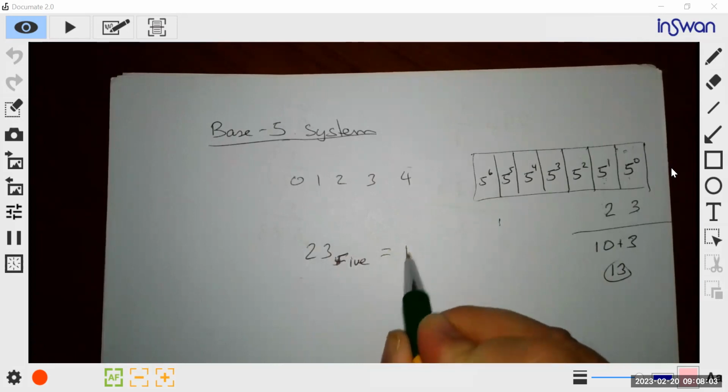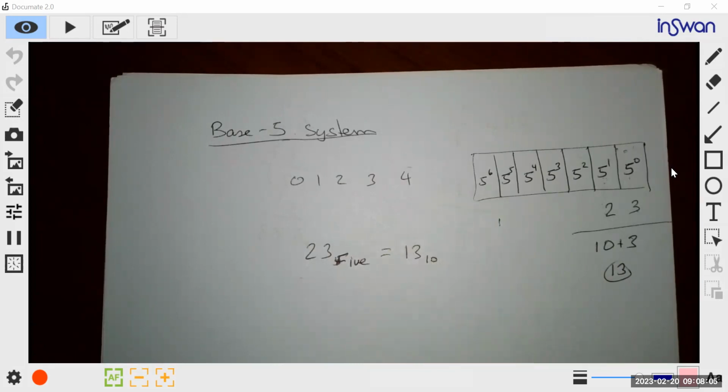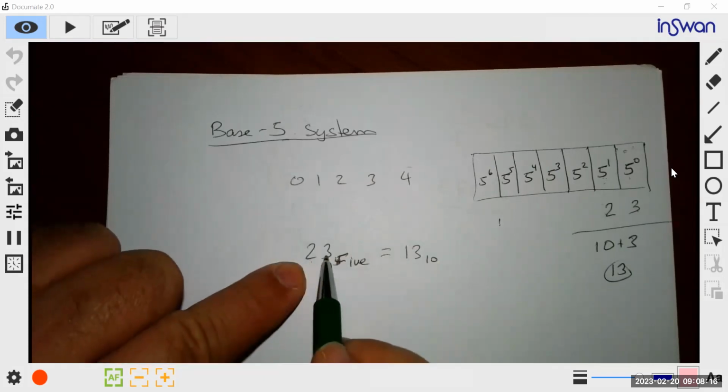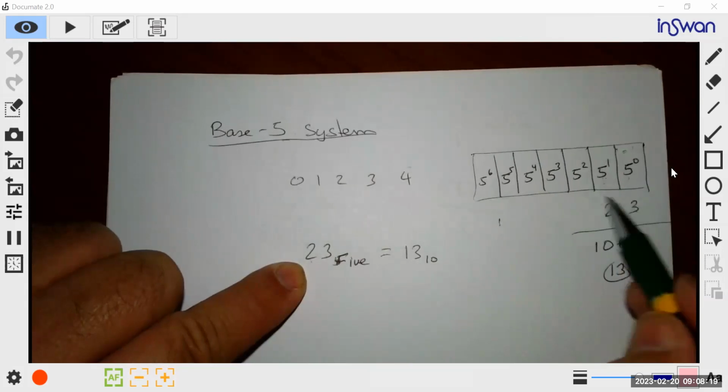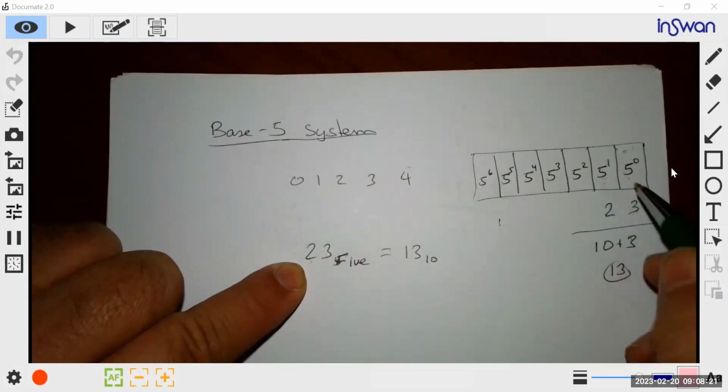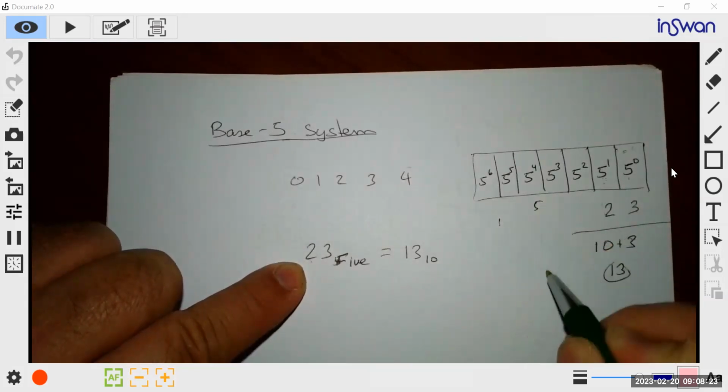This number is the same as 13 base 10. As we take these digits and put them under the appropriate column, this is how we convert from base 5 to base 10.